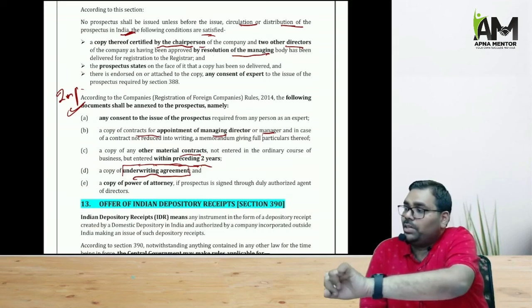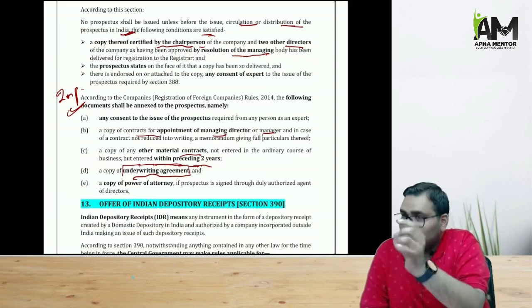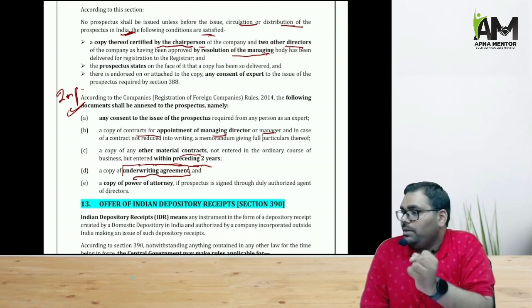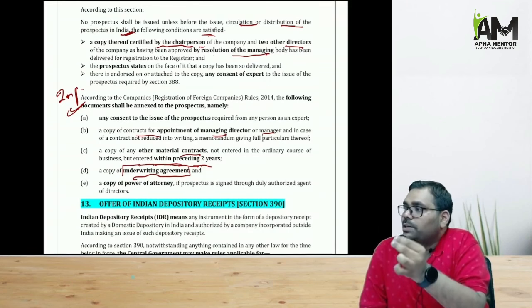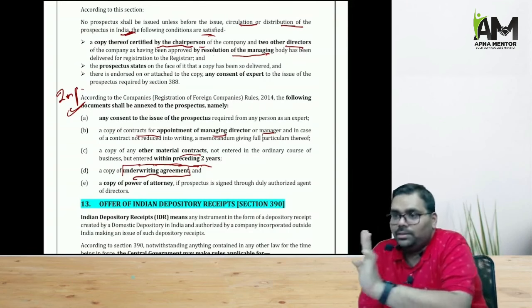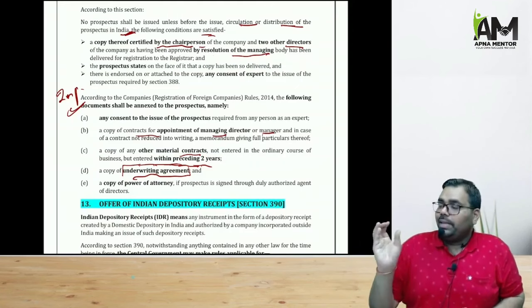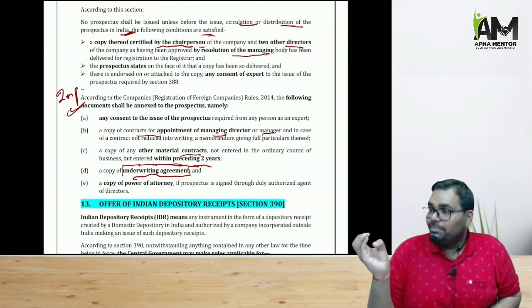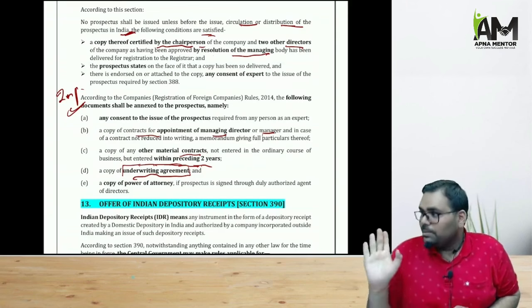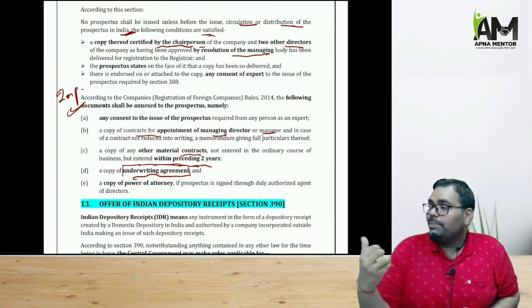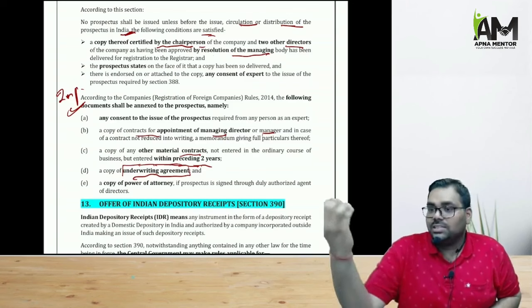The company does not issue shares itself. The company appoints a person known as a merchant banker to issue the shares to the public. So companies generally don't issue shares to the public by themselves. These merchant bankers are big banks, big financial institutions.